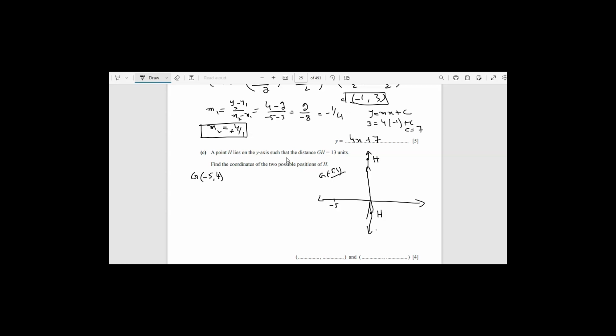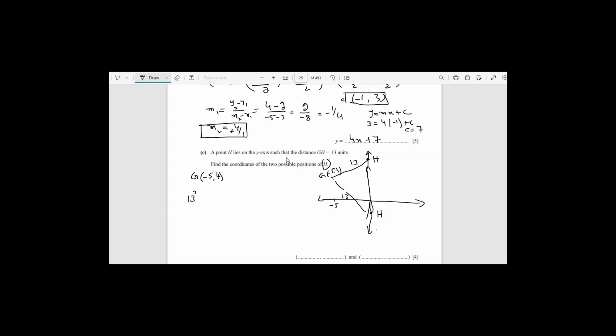So the distance between G and H is 13 units. So it means there should be two different positions of H. Either it lies on the positive y-axis or it lies on the negative y-axis. So what we will do, we'll just apply the distance formula because the distance between G and H is given, that is 13.